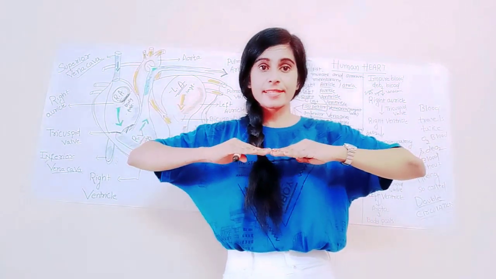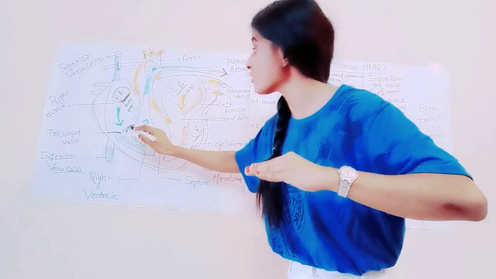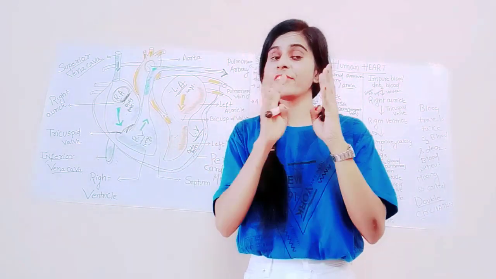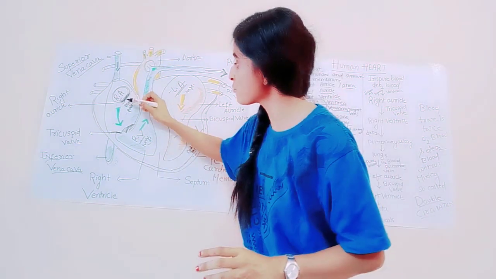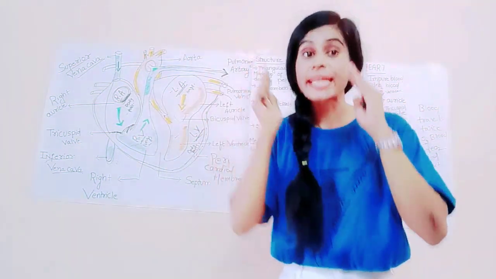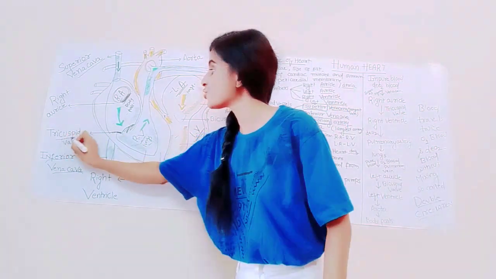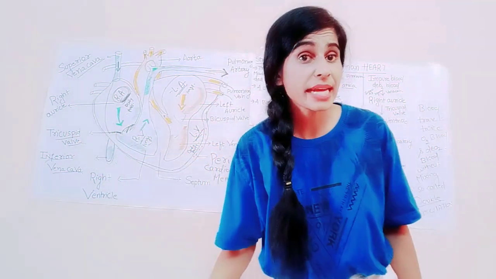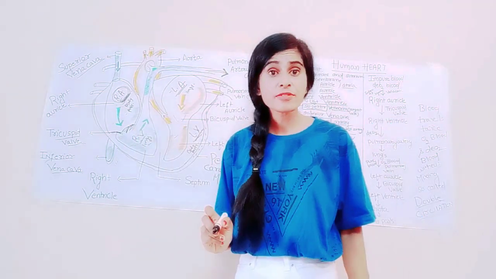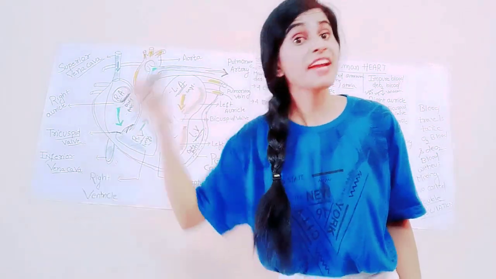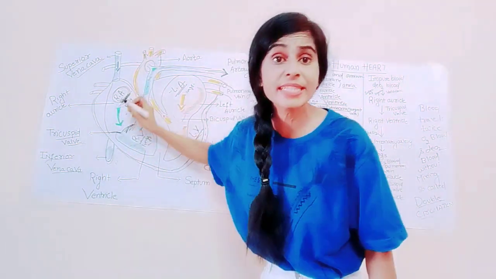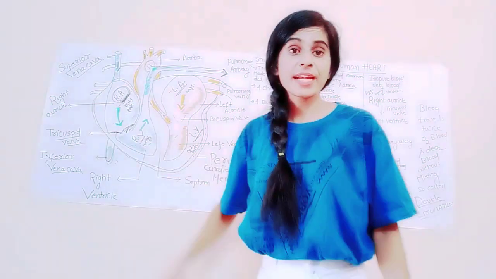What is the name of that valve? Tricuspid valve. And where is it present? It is present between your right auricle and your right ventricle.